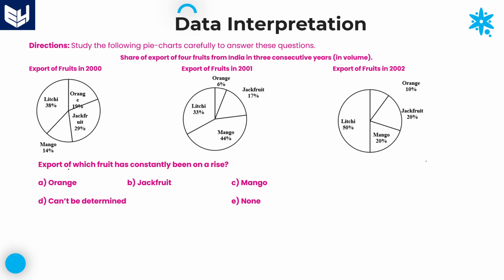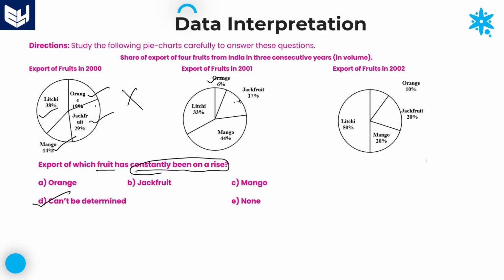Next one. Export of which fruit has consistently been on a rise? Undoubtedly, here also it is cannot be determined. Consistently on a rise means consistently increases. You cannot say exactly whether orange increases consistently, or jackfruit, mango or lychee.